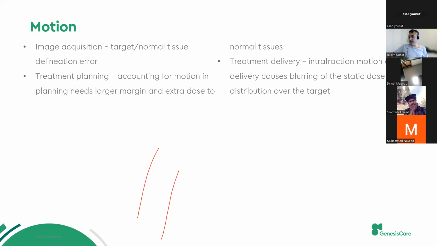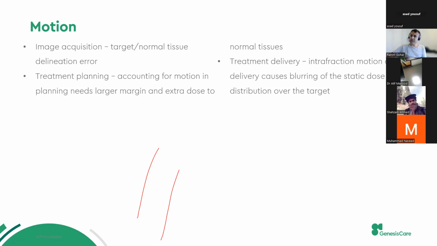As I had mentioned, normal tissues, definitely because of the motion, they are coming in the way. And one more important thing, other than what is mentioned here, is the motion interplay effect, especially if you are doing small field IMRTs, like your SABR cases or in SRS.